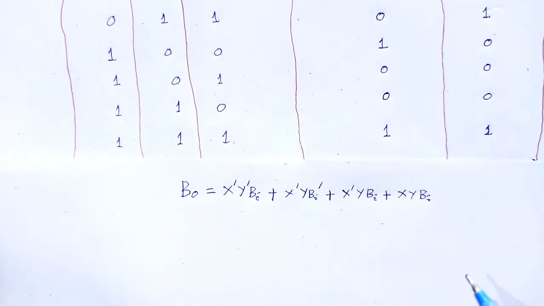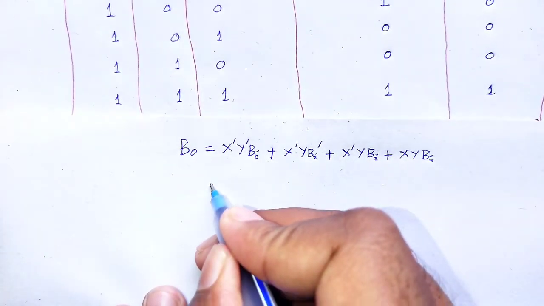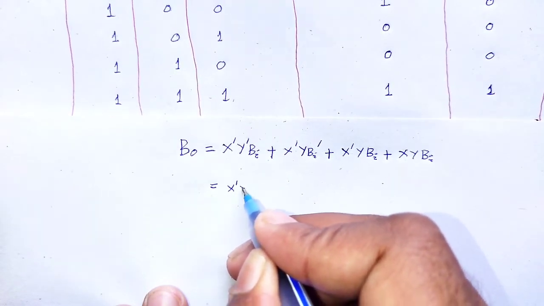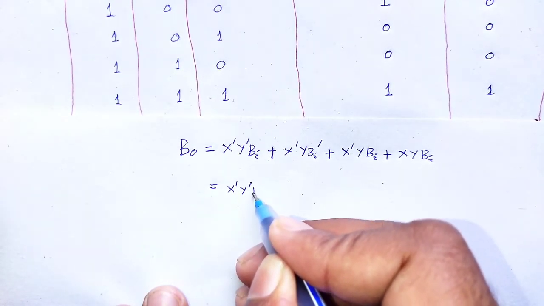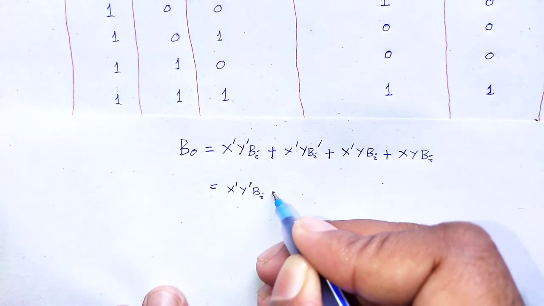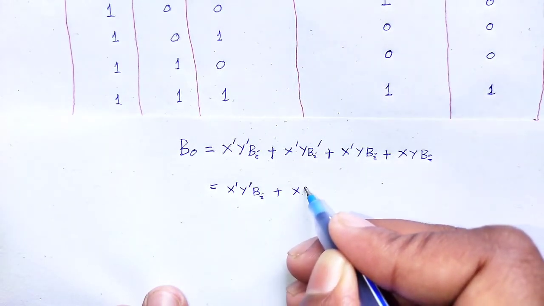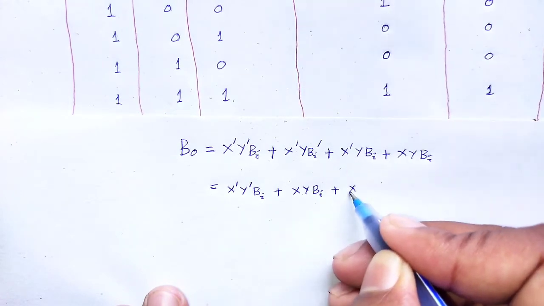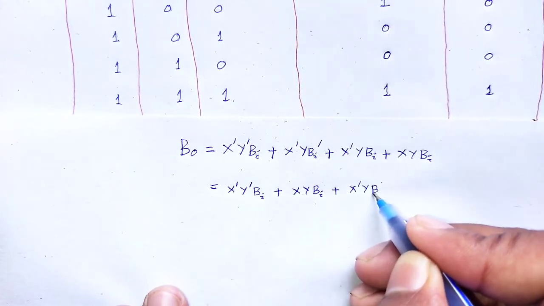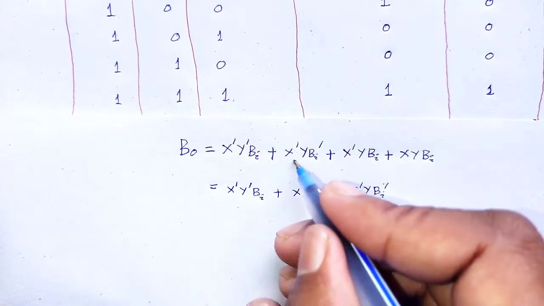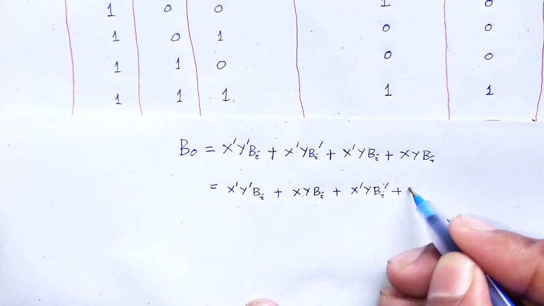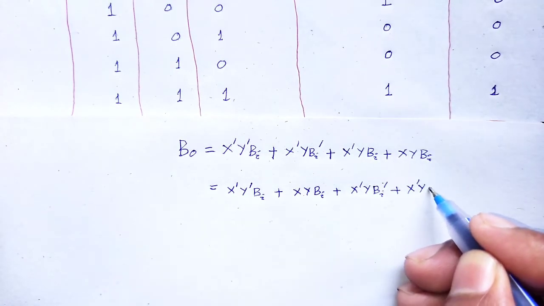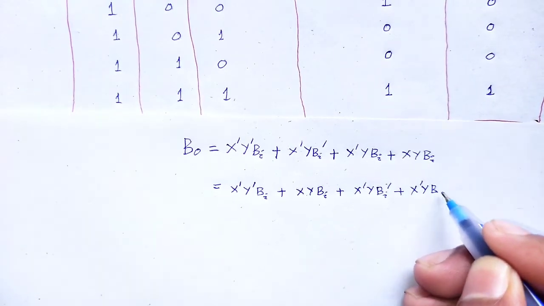Now solve it, first rearranging the terms as x prime y prime bi plus x y bi plus x prime y bi prime plus x prime y bi.